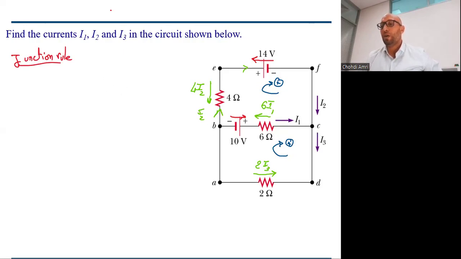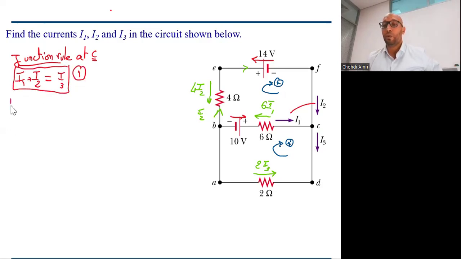At the point C. The sum of the currents entering the junction is equal to the sum of the currents leaving the junction. How many currents are entering and how many are leaving? Entering are I1 and I2, so we can write I1 plus I2 is equal to the current leaving. We have only I3. Put it in a box and label it as equation number 1. So we are done with the junction rule.